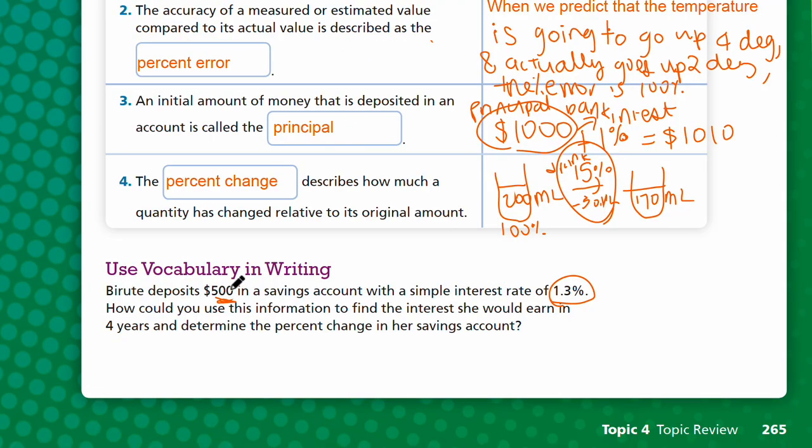We have the principal amount, the whole, and then the rate. We want to figure out the part, the actual interest amount. But this is for 1 year, right? So you have to multiply by 4 years after you figure this out.